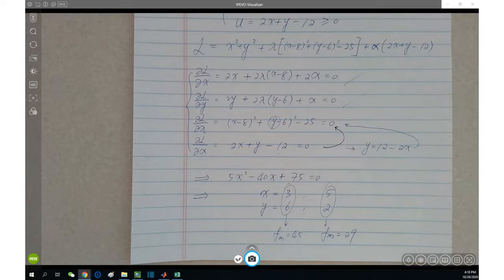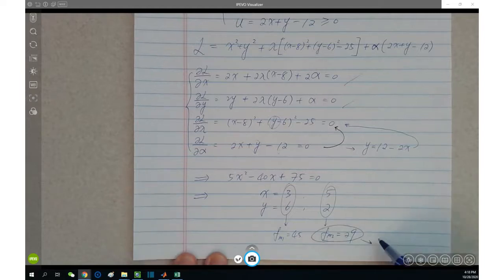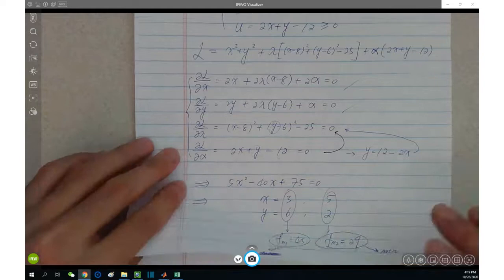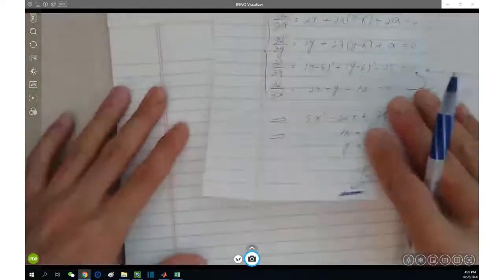We find the minimum value, which is obviously this one. We are looking for the smaller one between these two to find the minimum value. The other one is not necessarily the maximum value. Let me explain this problem in this way.